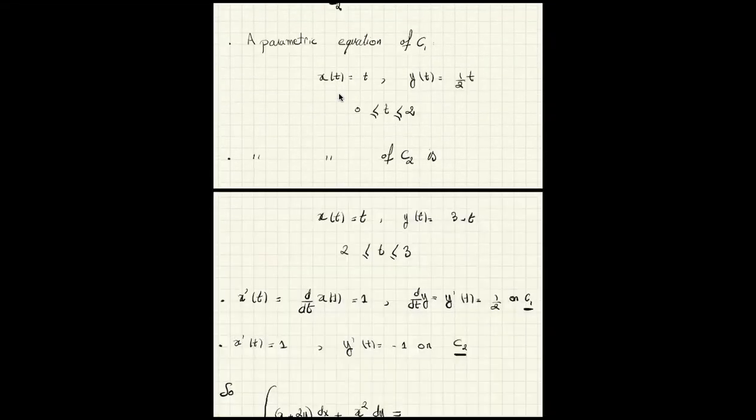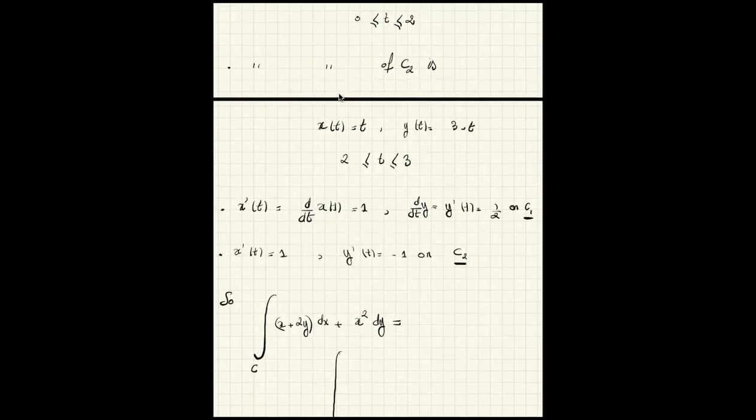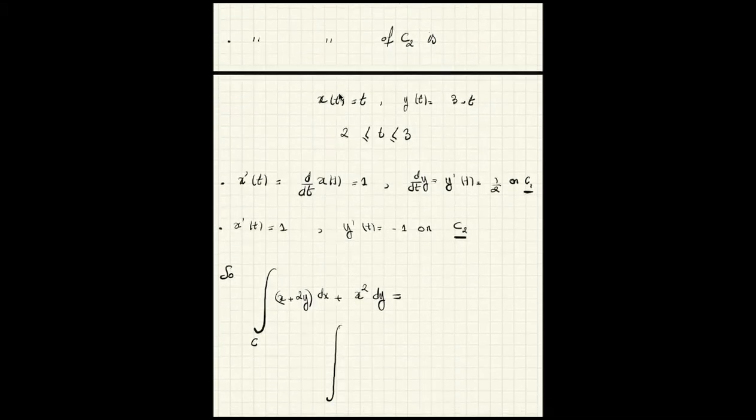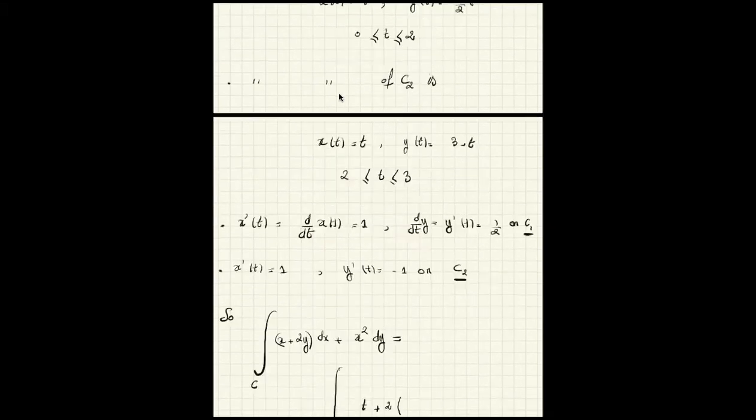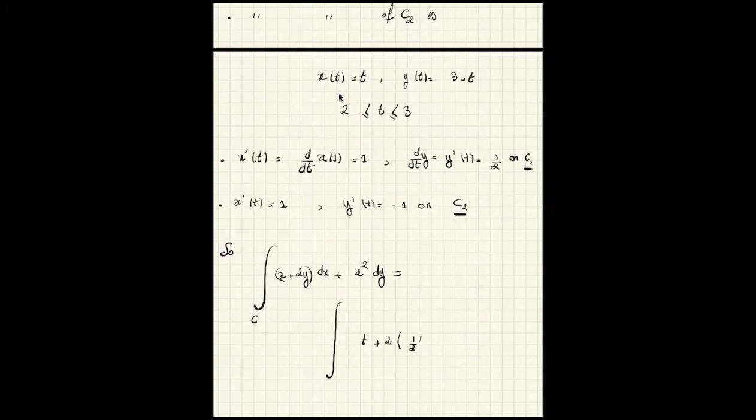They are here, so you put them inside. So x is t, plus 2, and what is y? y is 1 over 2 t. What is dx? Now you use this one.